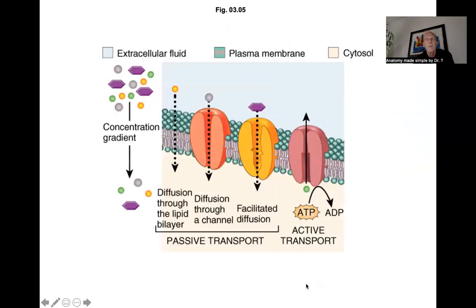Now, from what proteins do, we need to take a look and try to understand how substances are then transported. What's the driving force behind different substances getting in or eventually getting out of the cell?